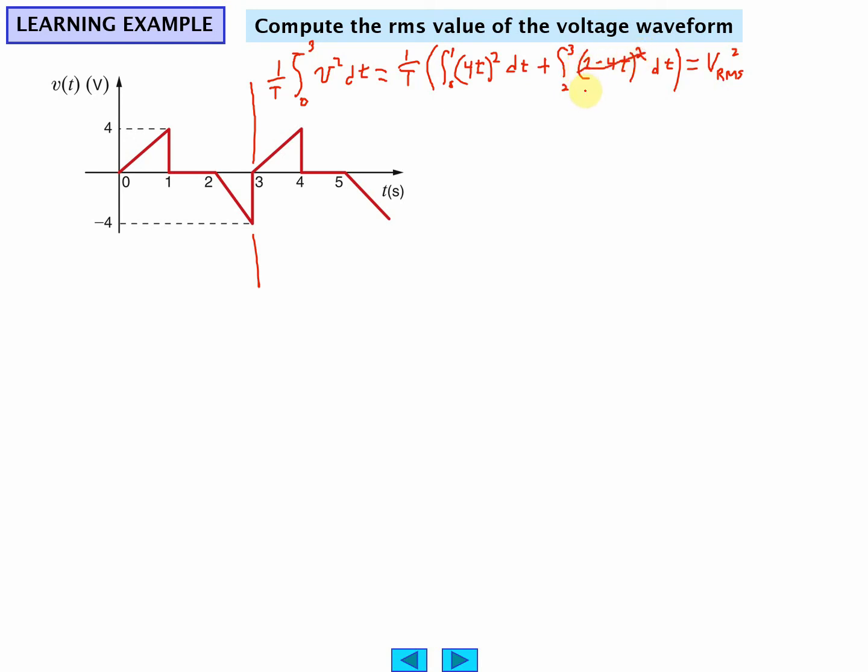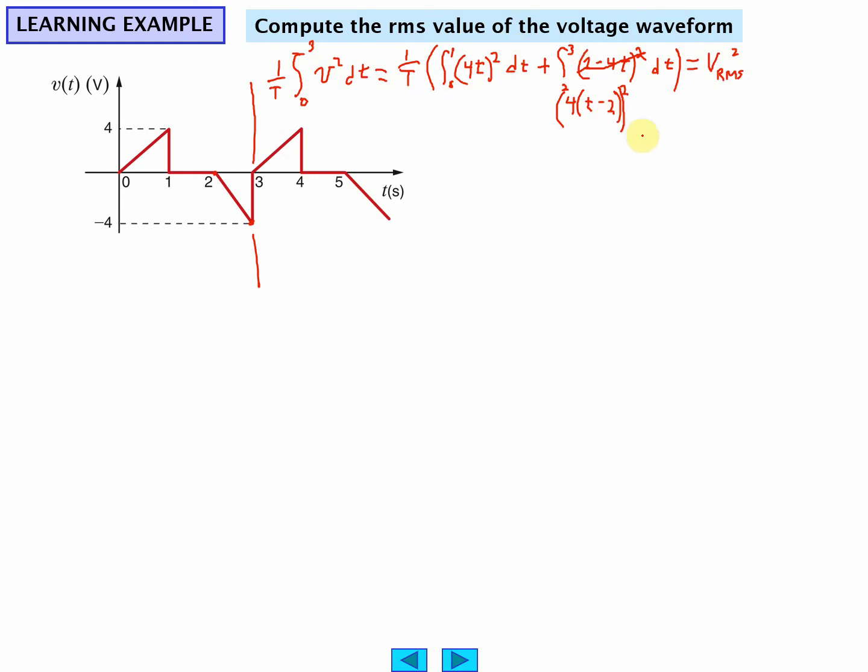Let's cross that off. The voltage is going to be 4 times (t minus 2), squared. There we go. So when time equals 2, it's 0, like it's supposed to be. When time equals 3, that's 1, and I need a 4. There we go. That's what I got wrong there. Put a double parentheses there.